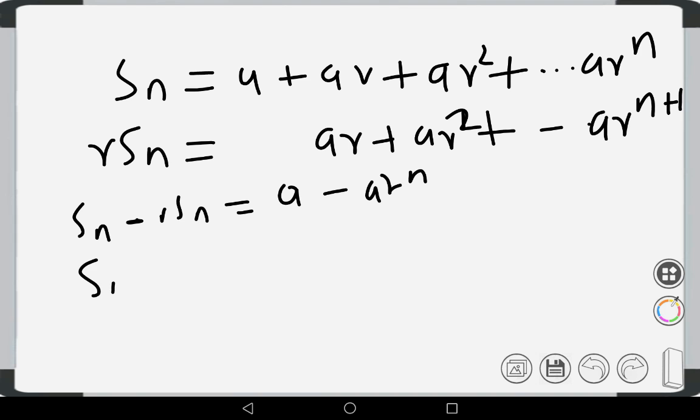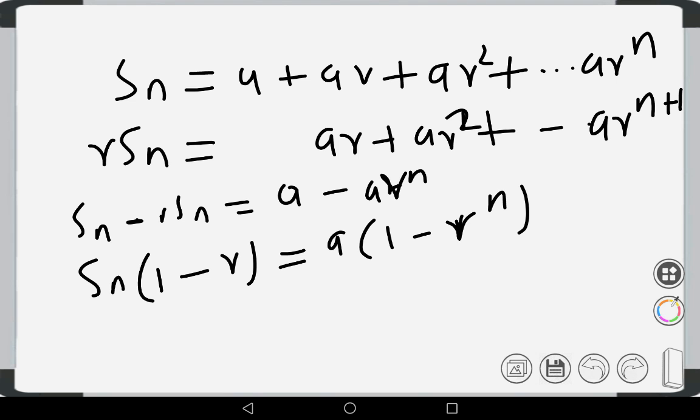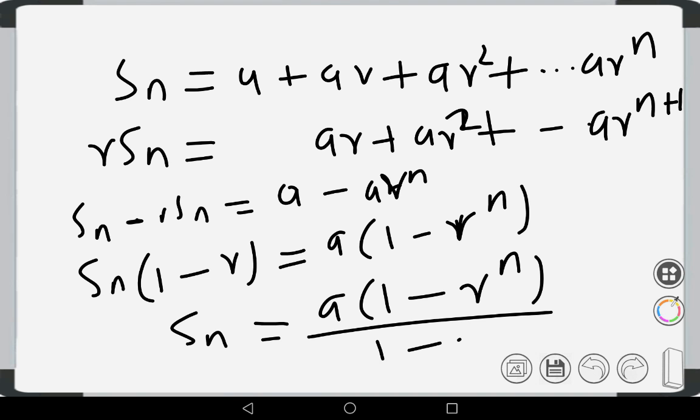Then if you take Sn out, you're going to have 1 minus r, which is the same as a in brackets 1 minus r^n. Then you divide by 1 minus r, and you're going to get Sn equals a in brackets 1 minus r^n over 1 minus r.